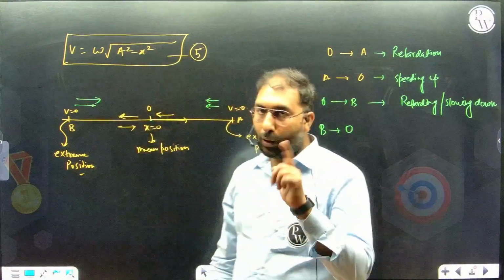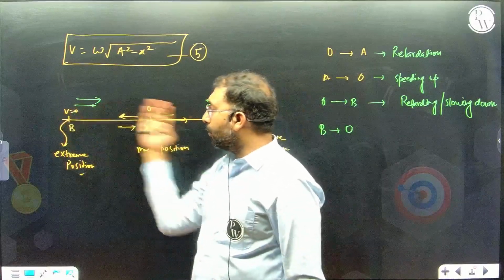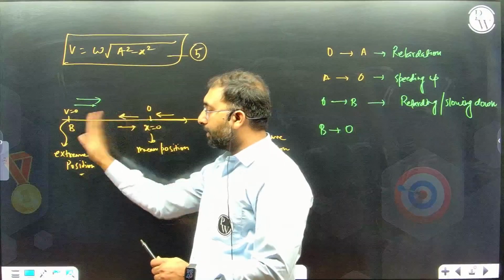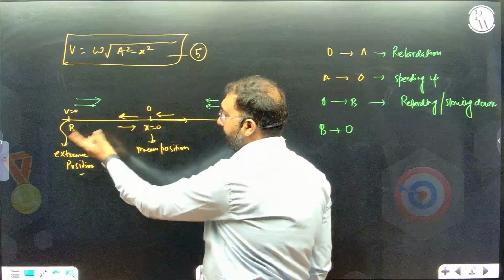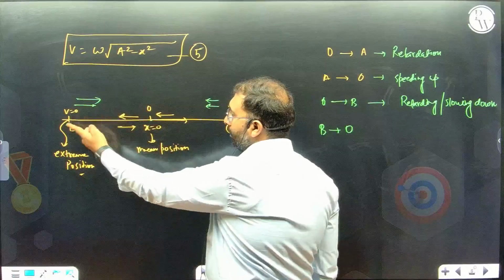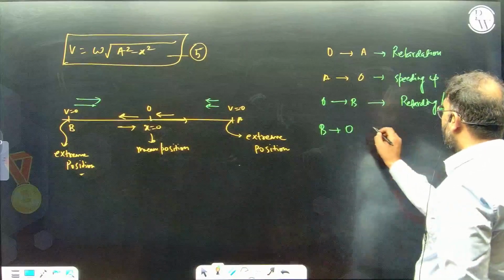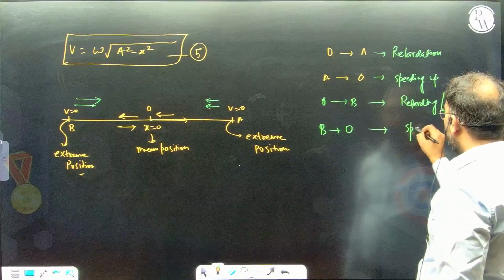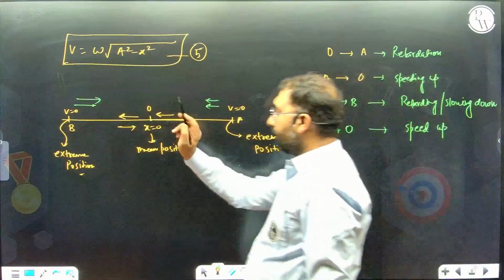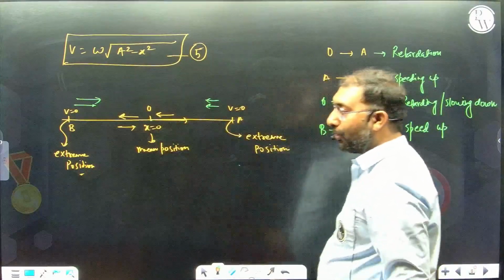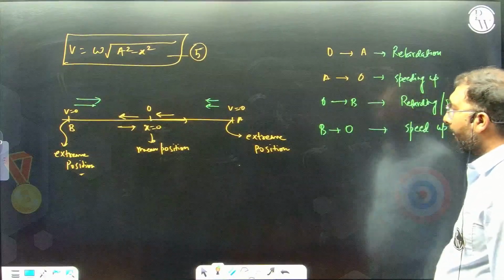So velocity direction is towards O, and acceleration is also acting towards O. So velocity and acceleration have the same direction. The particle will speed up till it reaches the point O. Once it crosses the point O, it starts retarding, because again, from O to A, retardation will be there.